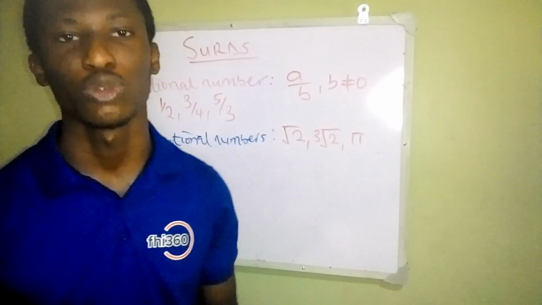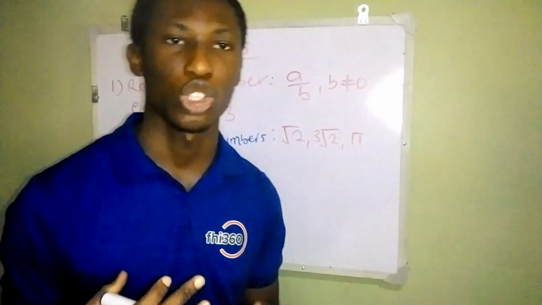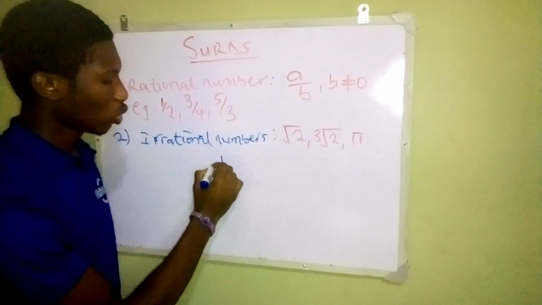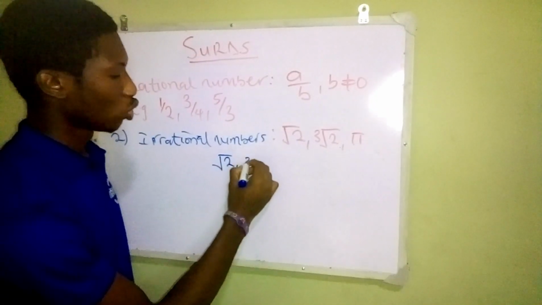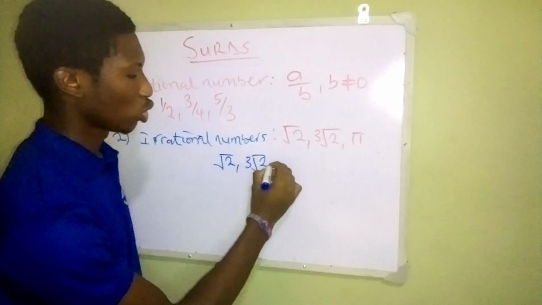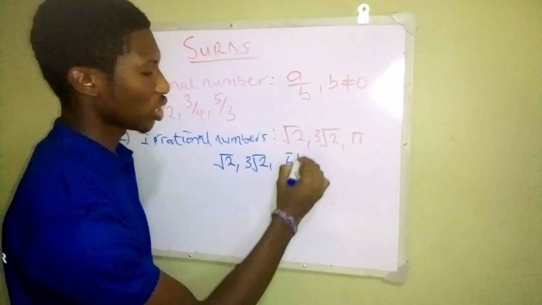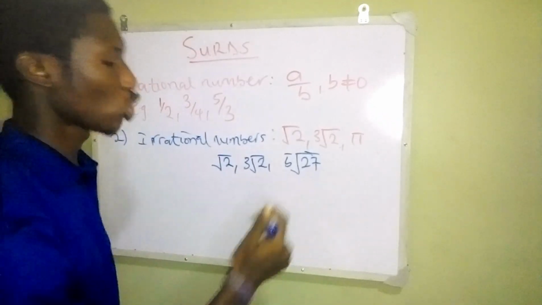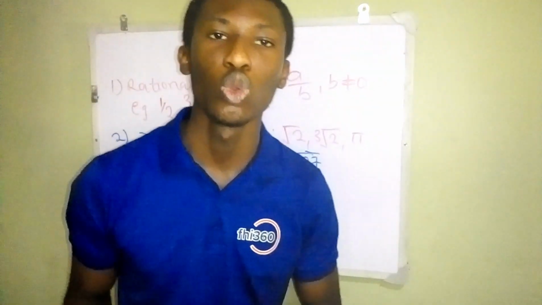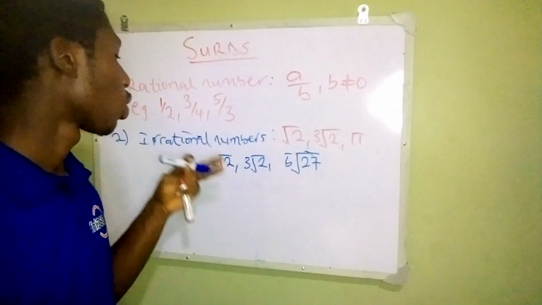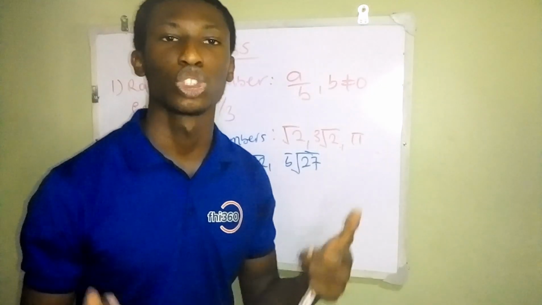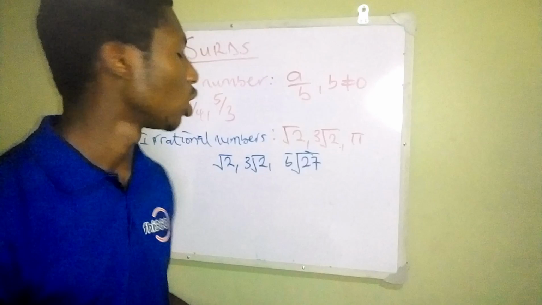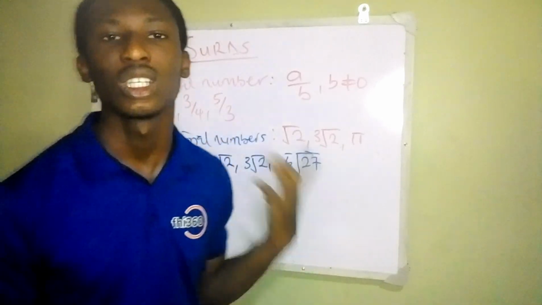For example, when I have square root of 2, cube root of 2, fifth root of 27, these are all examples of surds. But in this video, we'll be looking majorly at quadratic surds. That is, surds in the form of square root, not cube root, not fifth root, not fourth root. We only look at quadratic surds.